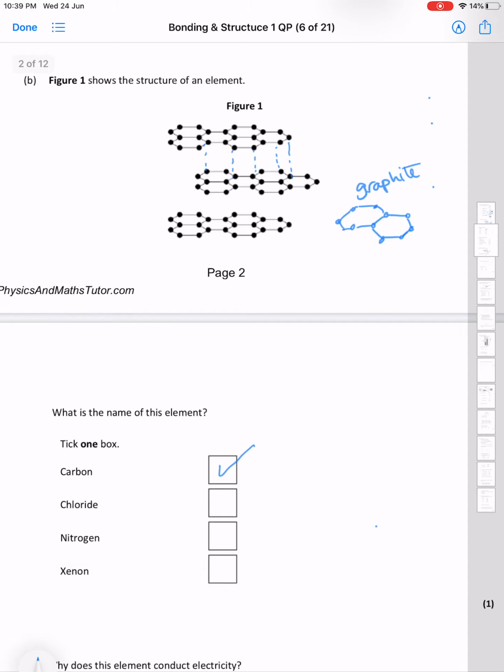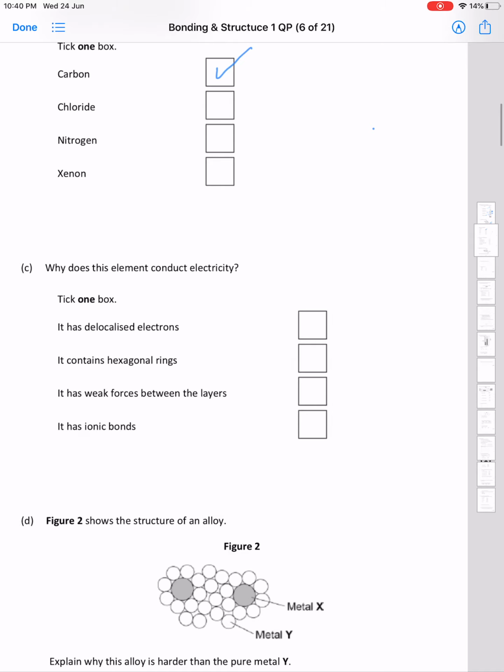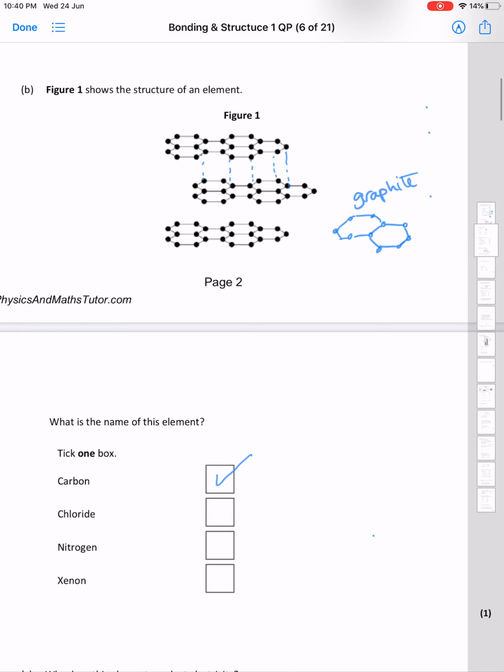Now let's move to the other question. Why does this element conduct electricity? Well, obviously, let me go back to the structure, because each carbon here is connected to 3 other carbons. This leaves one delocalized electron for each carbon, because as we know, carbon is in group 4, so it has 4 electrons in the outer shell.